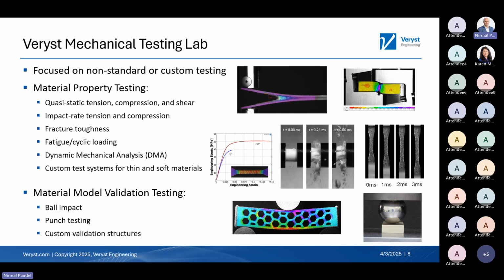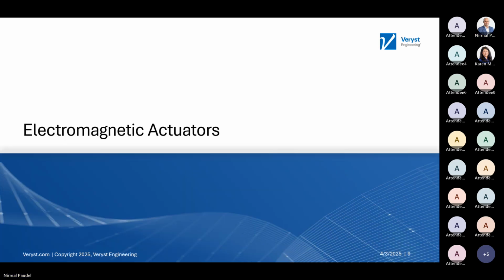So we provide a constitutive model for those clients to be used in the FEA. Here are some of the tests we support: fracture toughness, fatigue, cyclic loading, DMA, and for material model validation testing, we do ball impact tests, punch testing, and other custom tests.